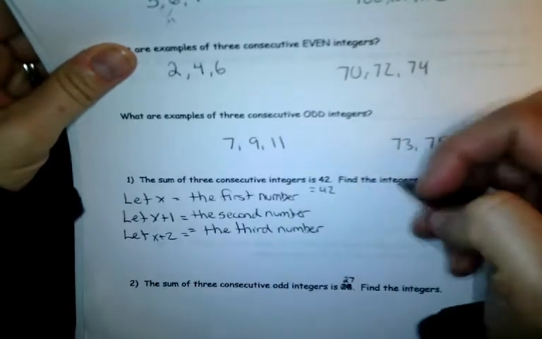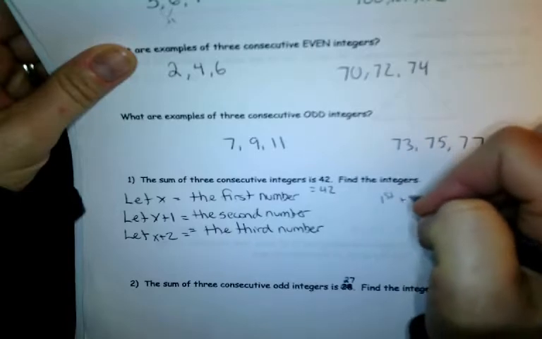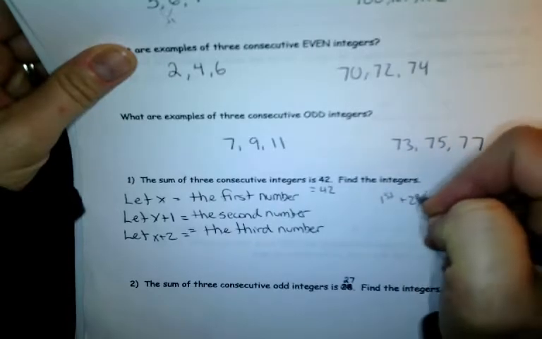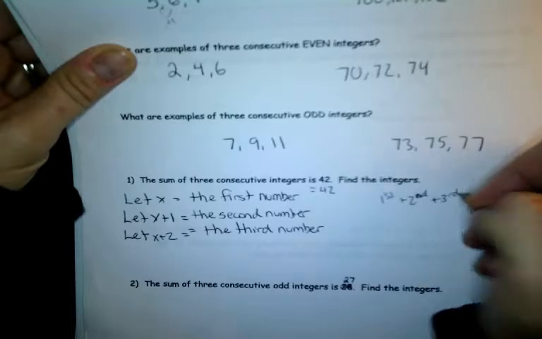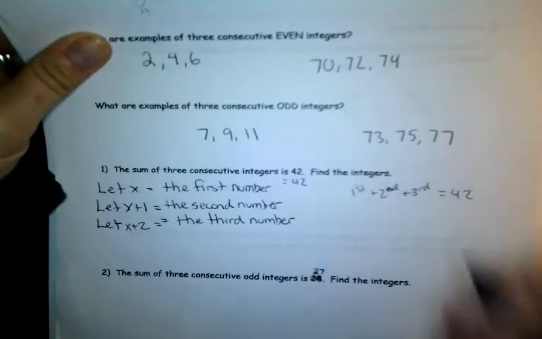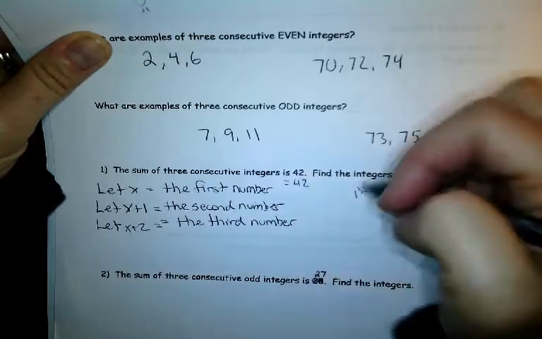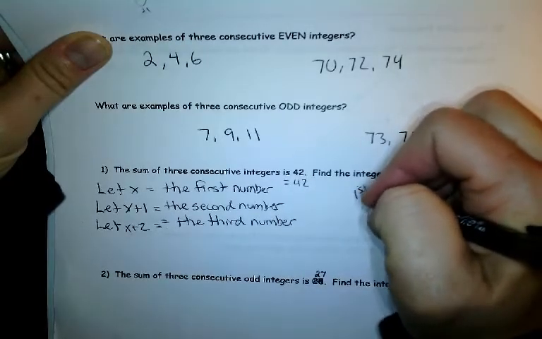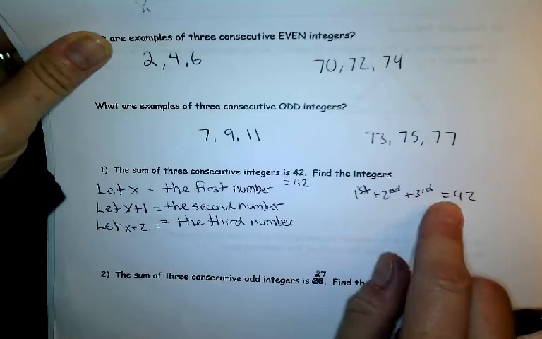So if we were going to find this 42, we're talking about adding the first plus the second plus the third. If we add all three of these numbers together, it is going to equal 42.